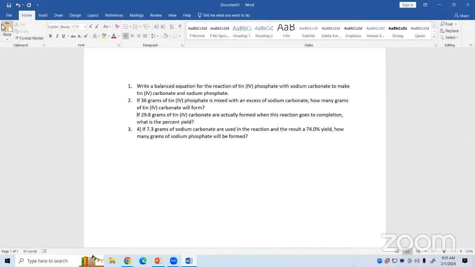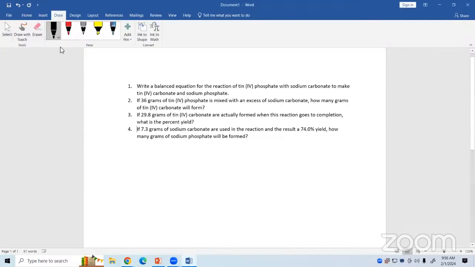All right, so this question says, and they're all related. All these questions are related to each other. So this question says, write a balanced equation for the reaction of tin(IV) phosphate with sodium carbonate to make tin(IV) carbonate and sodium phosphate. So based on information provided, I'm going to put here question 1.